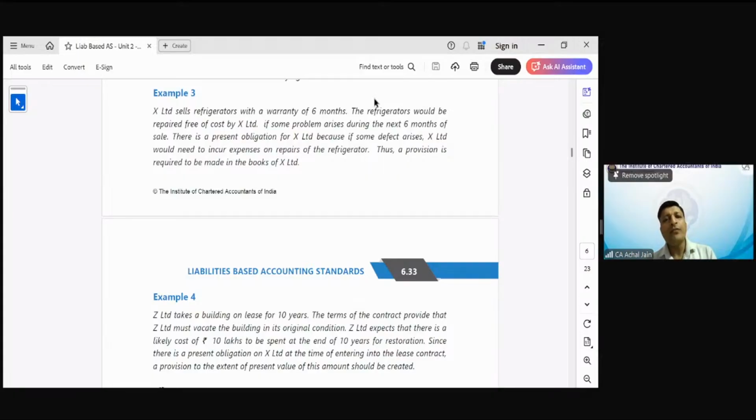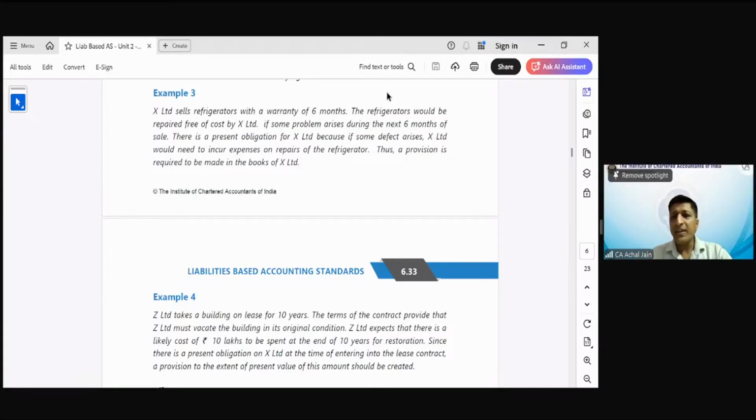Clear on the meaning of present obligation? Yes or no? So this is more about the understanding of liability. So far, we have not gotten to the concepts of provisions and contingent liabilities. I'm just trying to discuss a very basic aspect about the meaning of liability with you.